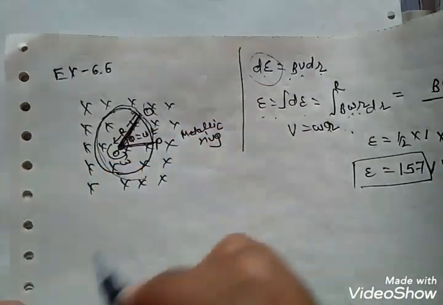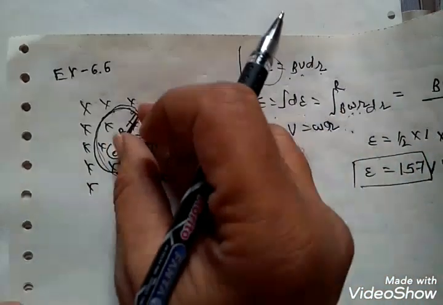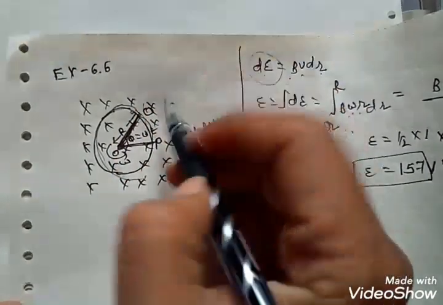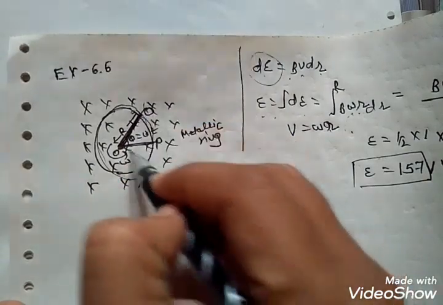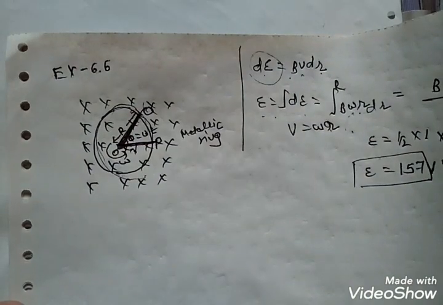This is the closed loop OPQ, in which the points O and P are connected to a resistance R, and OQ is the rotating rod, which is connected to R. The potential difference across the resistance is then equal to the induced EMF, which is B times the rate of change of the area of the loop.